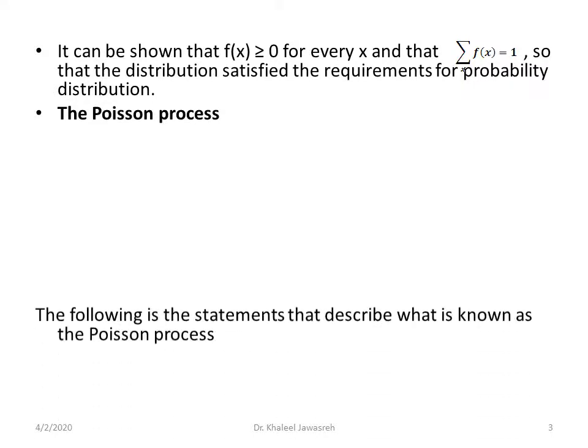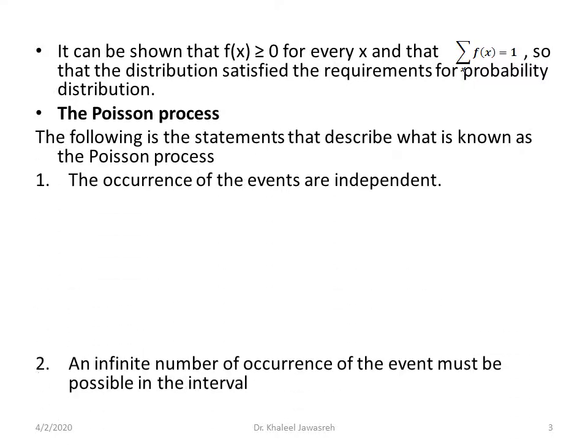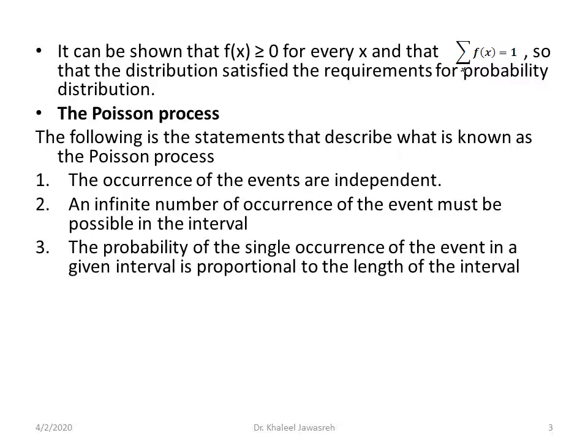So the Poisson process, as you see, is described by the following statements, which define the Poisson distribution. The first one is that the occurrences of the event are independent. The second one is that an infinite number of occurrences of the event must be possible in the interval.